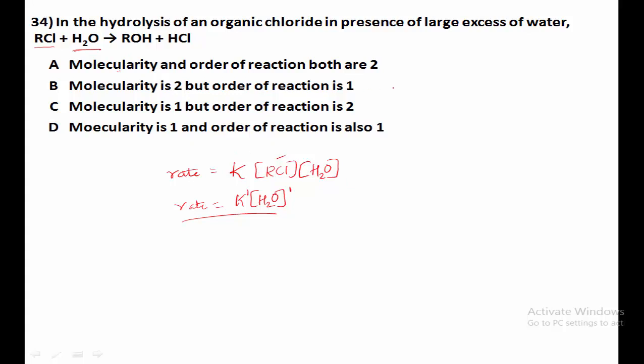One thing to remember, whenever we consider one of the reactants in a large excess, then the order of that reaction becomes 1 but molecularity will remain 2. So this is one of the examples of a pseudo first order reaction where molecularity is 2 but order of reaction is 1. So option B is the right answer.